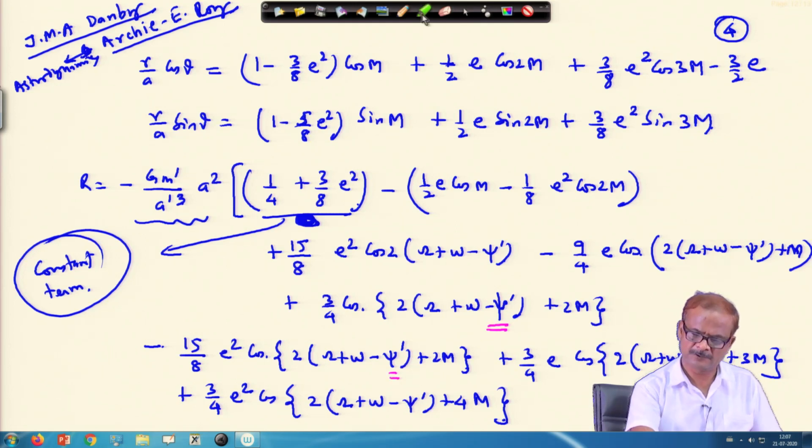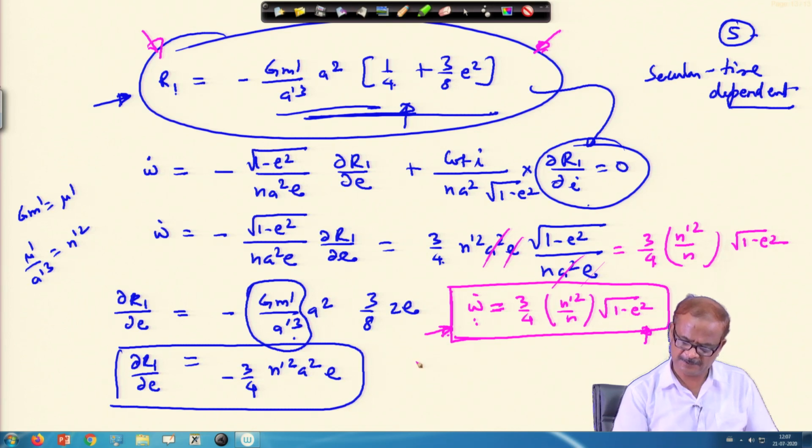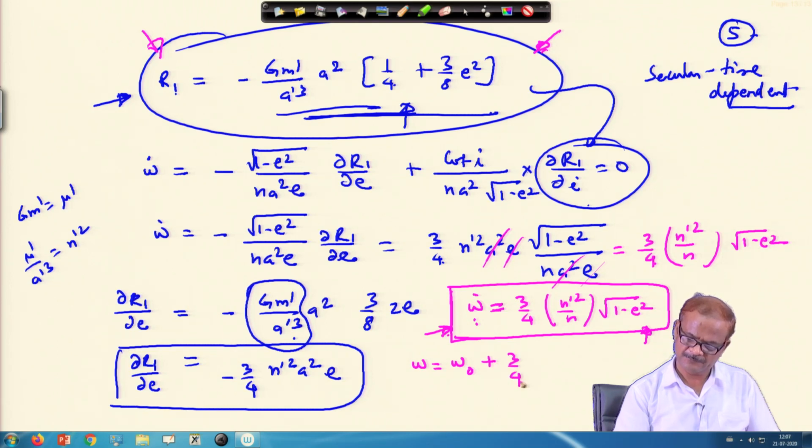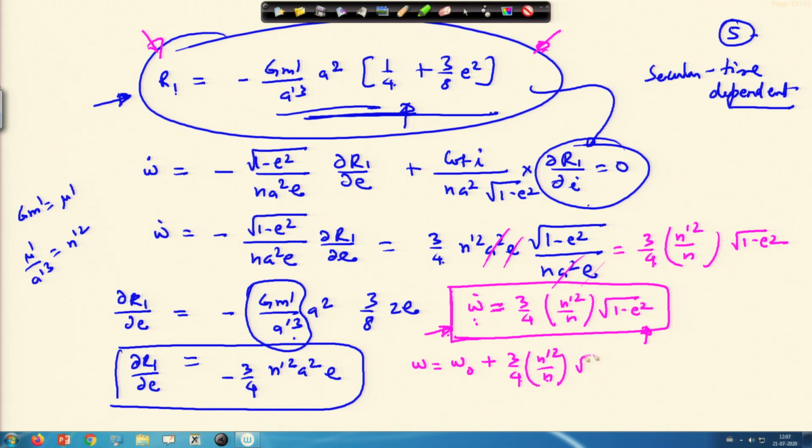In this case we can do it, and write this as omega equals omega 0 plus 3 by 4 n prime squared divided by n times the square root of 1 minus e squared, times t. So, this is showing that it is changing as t is changing, and therefore we call this the secular perturbation.